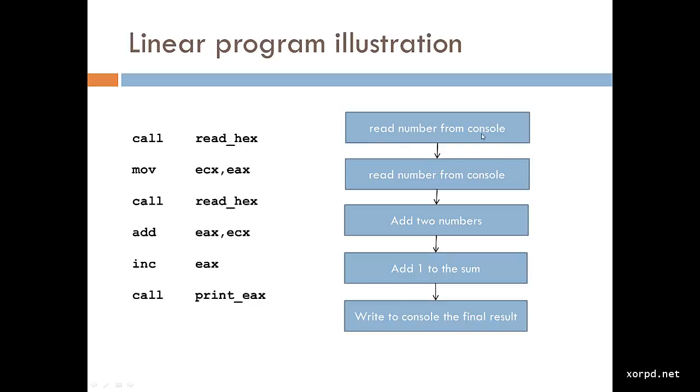First we read the number from the console, then we read another number from the console, we add the two numbers, we add 1 to the sum, and finally we write to the console the final result. This is a very linear style diagram. It is very simple. It goes from top to bottom, from the beginning to end. There is nothing very interesting that happens here in the middle. Let's take a look at another example.